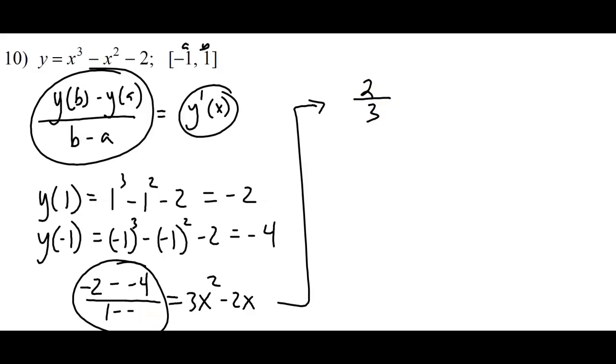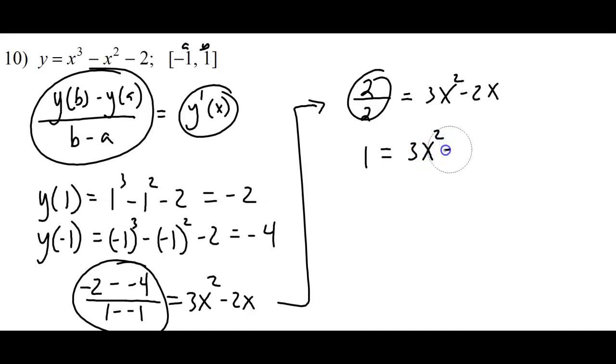This wasn't negative 2, this was negative 1, which means that this bottom number is going to be a 2. All right, and then reducing that, I get 1. Now I'm going to subtract 1 on both sides.